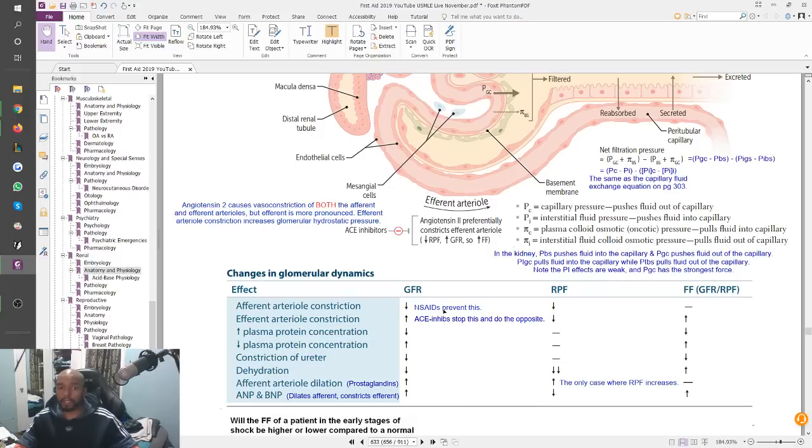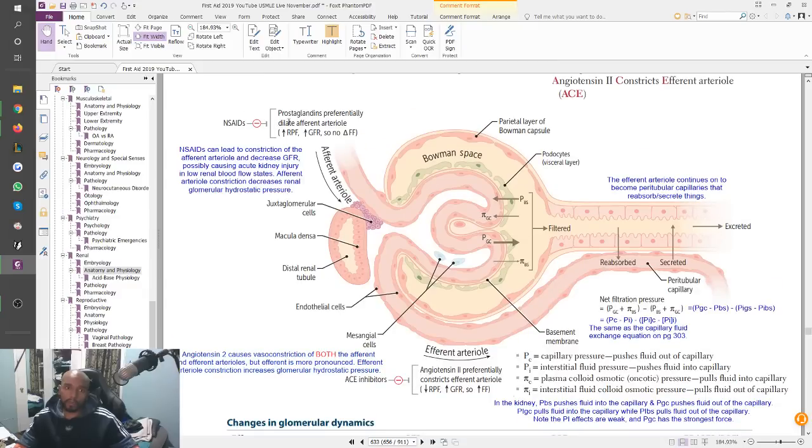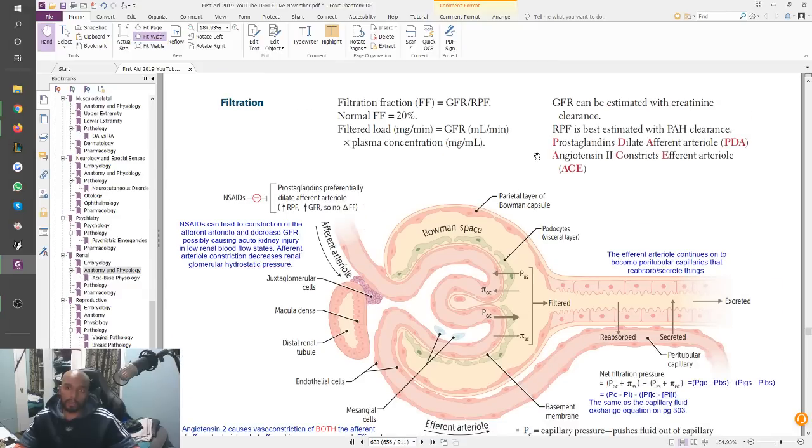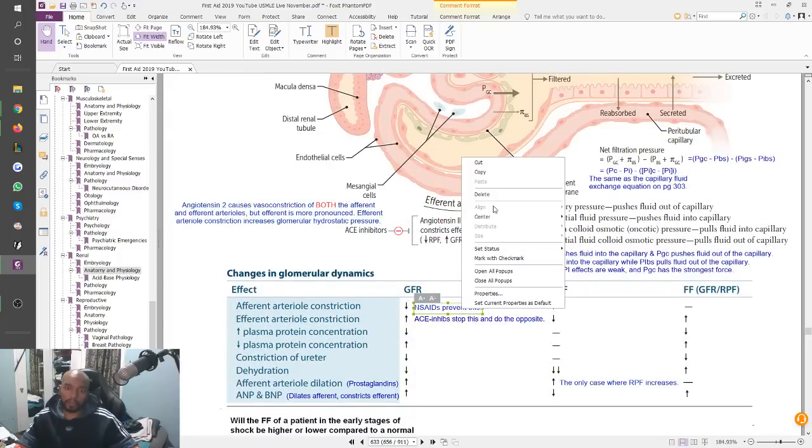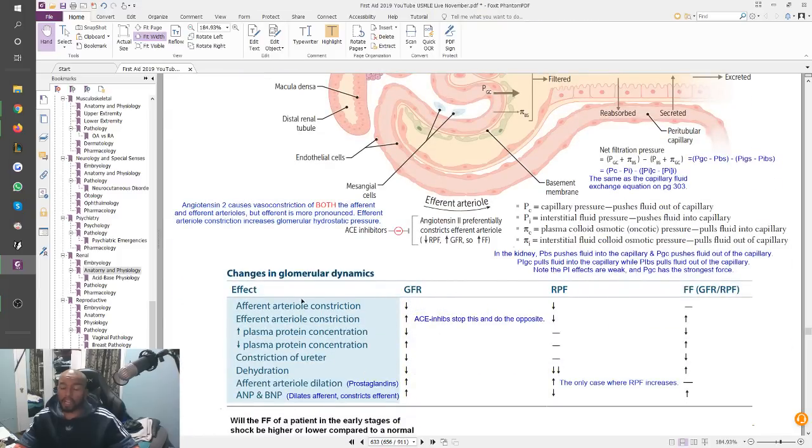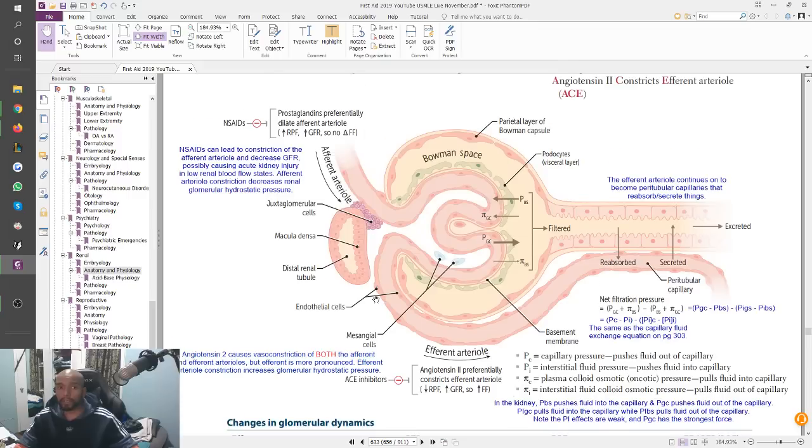And if you're taking NSAIDs, NSAIDs prevent afferent arteriole dilation. Afferent arteriole constriction can actually be upregulated if you're taking NSAIDs because prostaglandins are the guys that dilate your afferent arteriole. So if you take NSAIDs, you stop that, which can then allow you to constrict your afferent arteriole. So that's definitely something you want to be ready with in a question scenario.